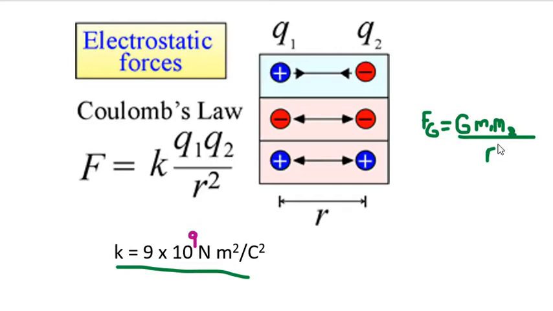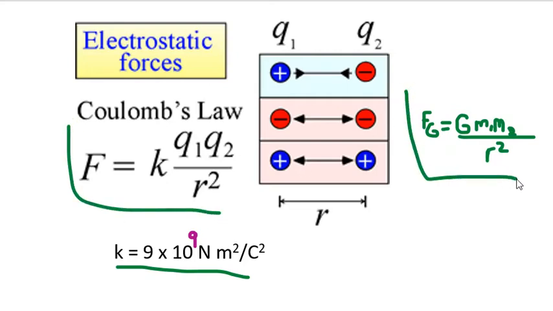Again, another clue as to how these types of things work. The equation for electrostatic forces is extremely similar to the equation for gravity. They both have to do with what's attracted. This time it's charges, this time it's mass. They both have a constant, and they're both divided by the distance squared. So a lot of similarities between these two equations.